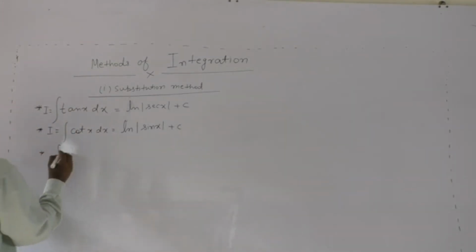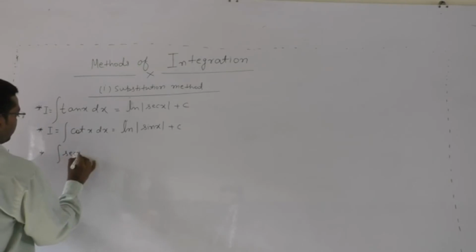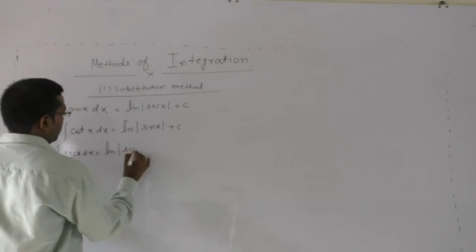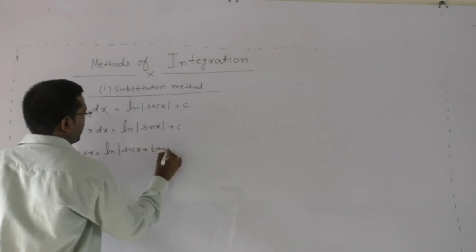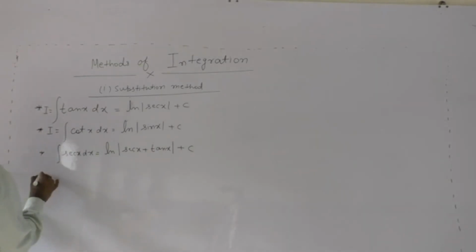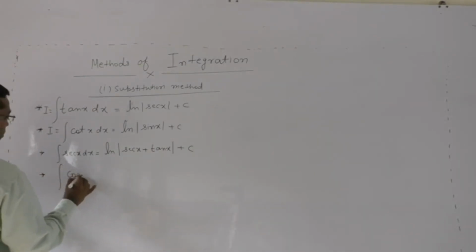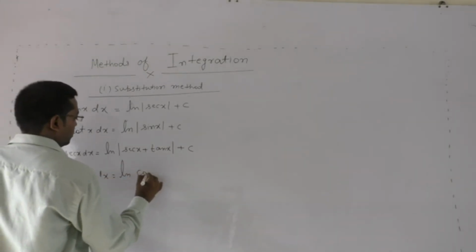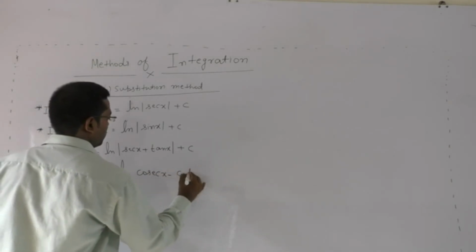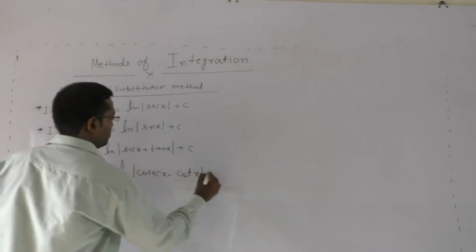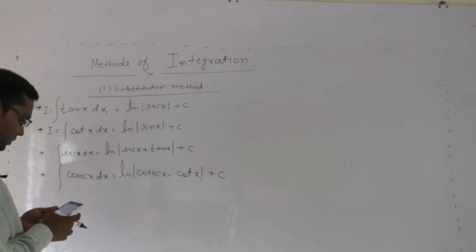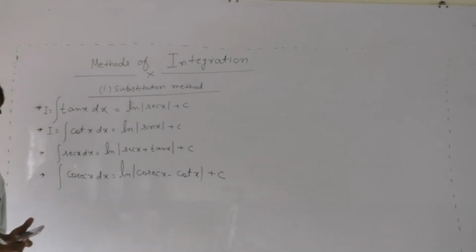And integration of sec x will be ln mod sec x plus tan x plus c, and the integration of cosec x we can write as ln mod cosec x minus cot x plus c. So this way we can integrate these functions. Now let's see some problems based on it.